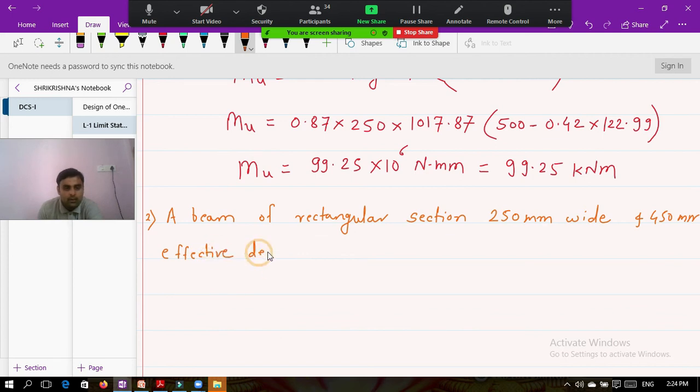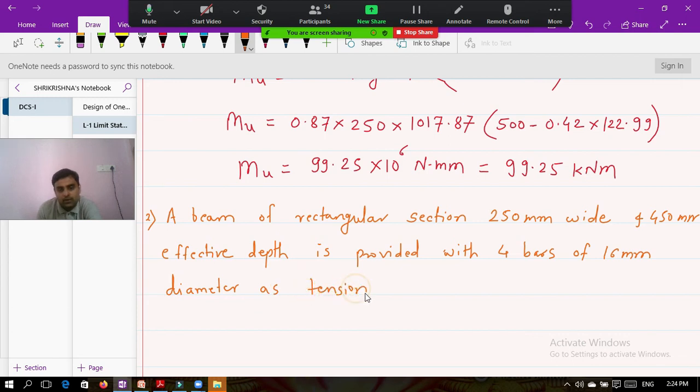is provided with 4 bars of 16 mm diameter as a tension reinforcement.